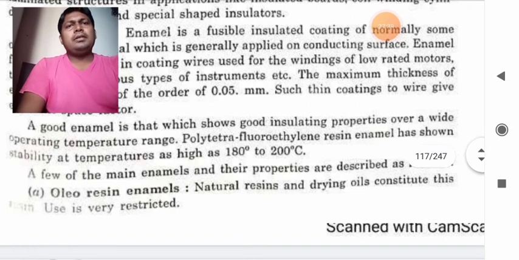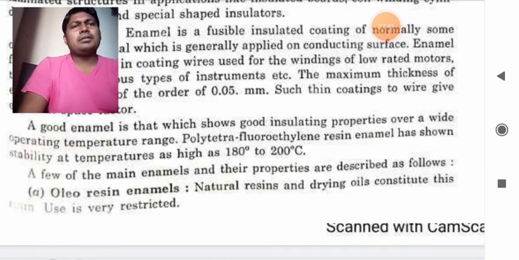A good enamel is that which shows good insulating properties over a wide operating temperature range. Polytetrafluoroethylene resin enamel has shown stability at temperatures as high as 180 degree centigrade to 200 degree centigrade. A few of the main enamels and their properties are described as follows.